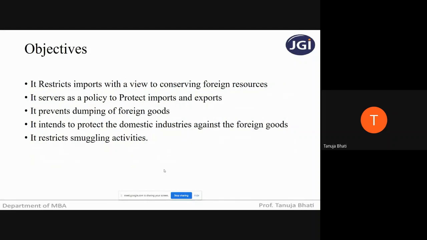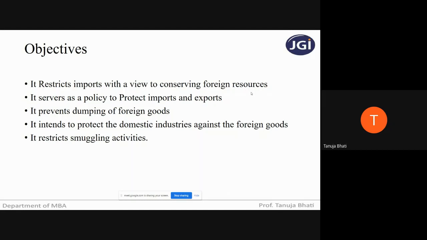Next, let us see what are the objectives of customs duty. It restricts imports with a view to conserving foreign resources. See, students, what was the need for the Constitution of India to impose customs duty? Why was customs duty brought into the picture?